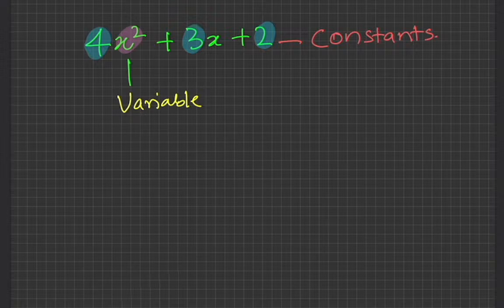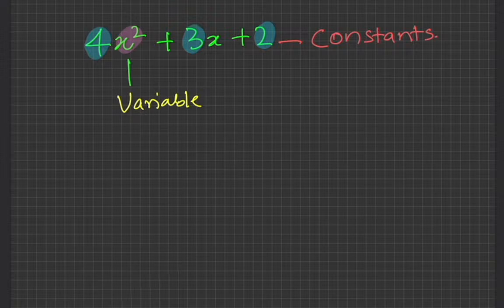So an algebraic expression is basically a combination of terms, that is variables and constants, using the mathematical operations like addition, subtraction, multiplication and division, right?